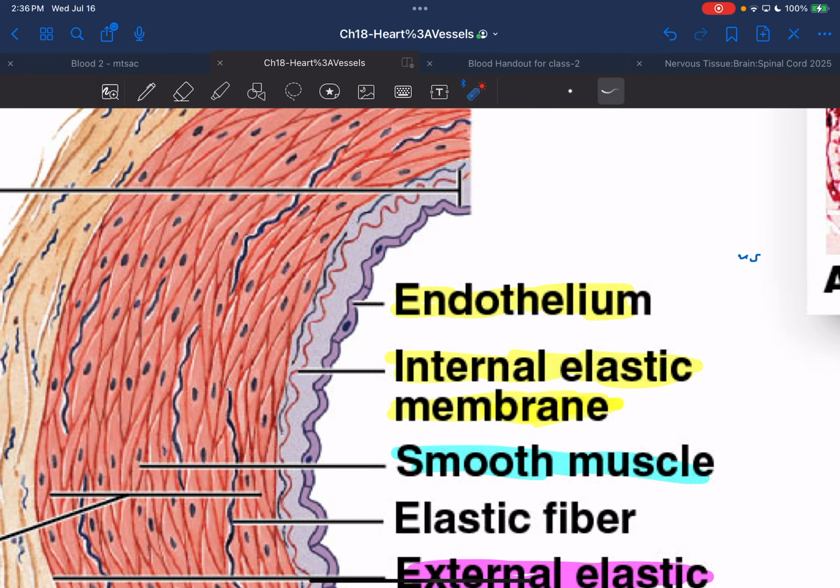And the simple squamous make the line. You can see a flat cell, flat cell, flat cell. This is another word for the simple squamous found in blood vessels. Mesothelia, the term we saw previously, was simple squamous found inside of the pericardial cavity. This is a blood vessel. So it's simple squamous, but it's found in blood vessels.